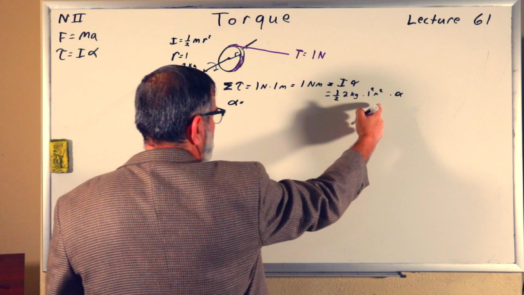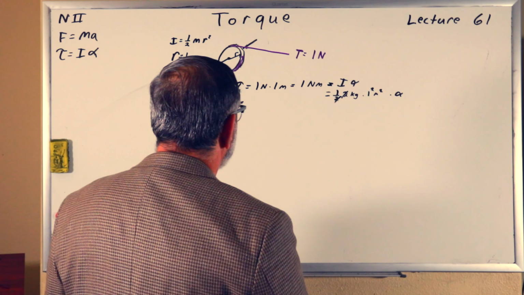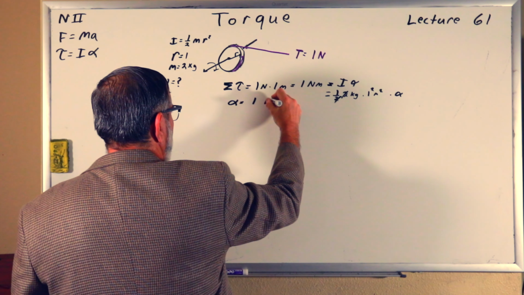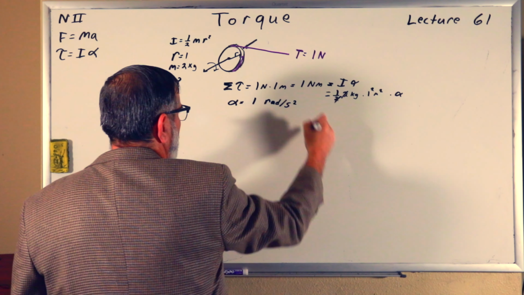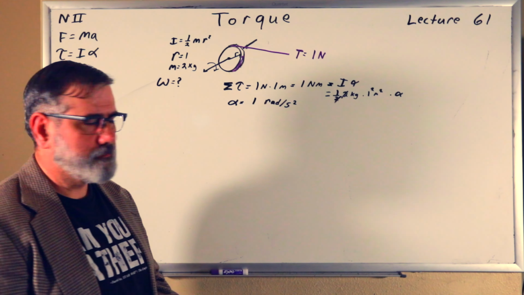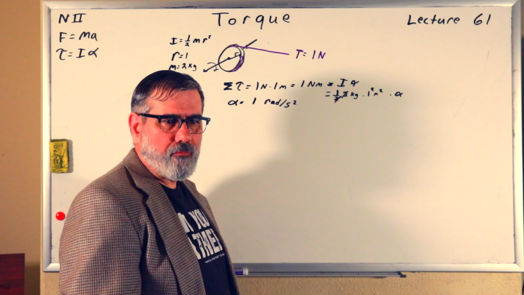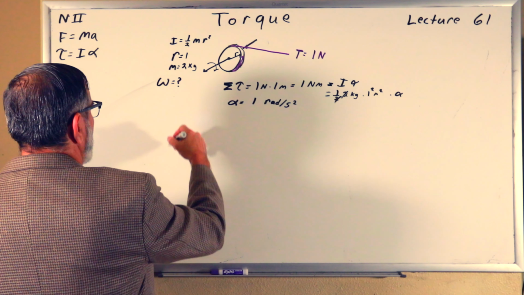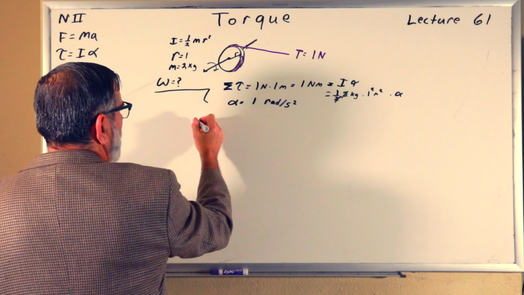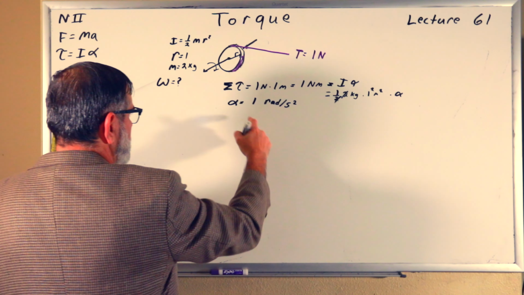That's going to cancel there, and this is obviously going to just equal 1. So that's 1 radian per second squared. So we have an acceleration of 1 radian per second squared. Remember, 1 radian is on the order of about 57 degrees. Okay, what next? That's omega. Oh, that's alpha, I'm sorry, we haven't gotten omega yet. So now we have alpha.